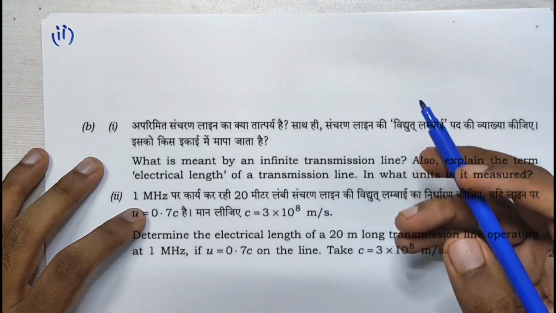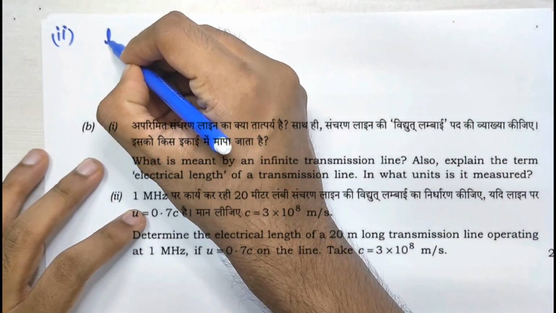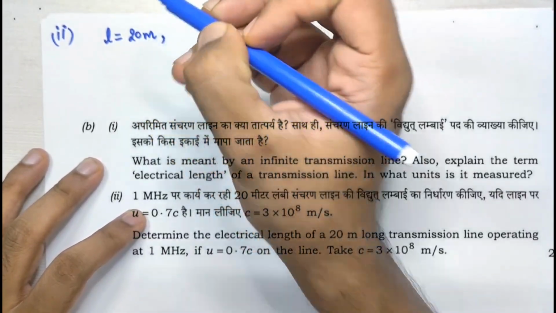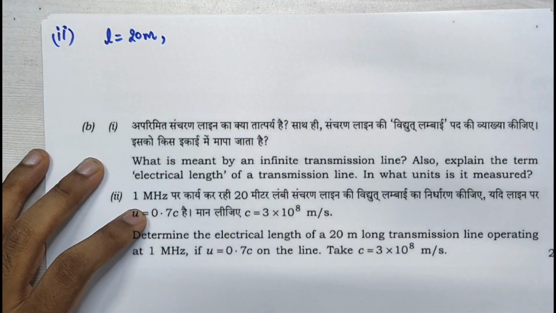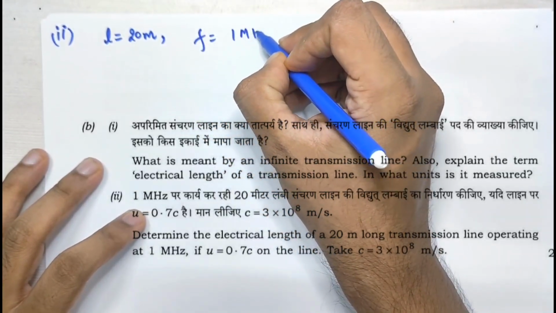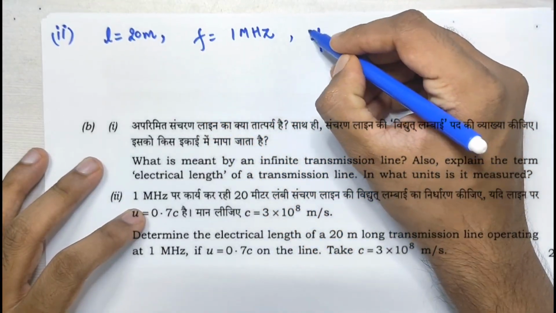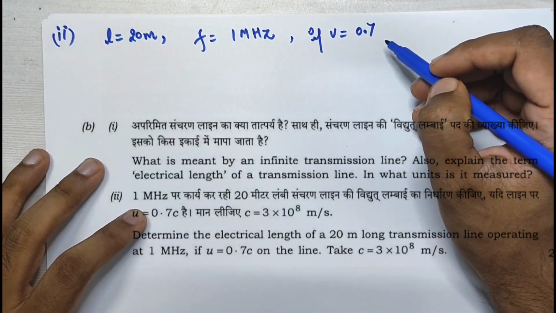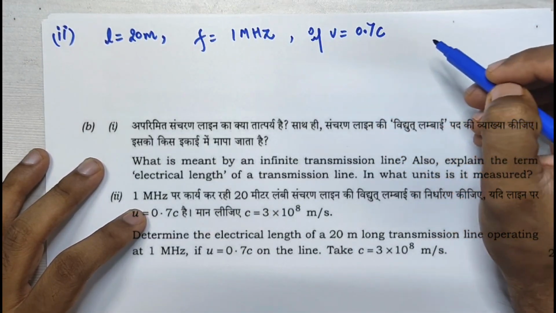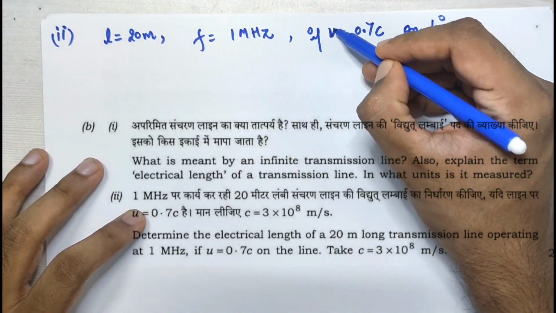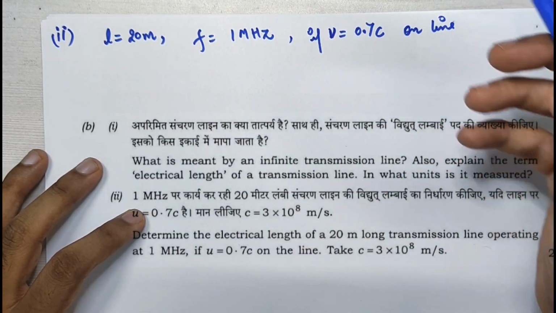What are the things given here? Electrical length is given as 20 meters. It is operating at frequency given as 1 megahertz. If V is equal to 0.7 C on the line, basically mu is also given, right?